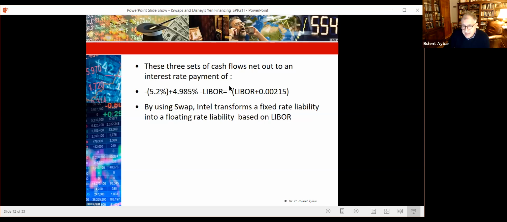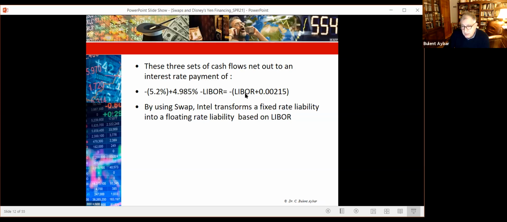If we net out all these payments, there's a fixed payment of 5.2% out to the original lender, 4.985% comes from the swap dealer, and a LIBOR payment goes to the swap dealer. And the net cost is the difference, which Intel is paying on top of LIBOR.